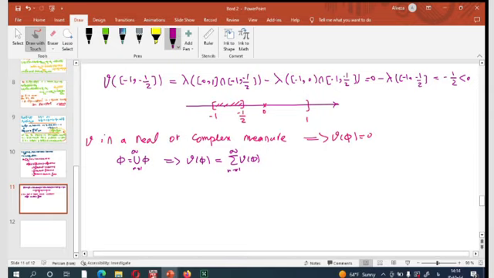This shows that mu of the empty set must be 0.